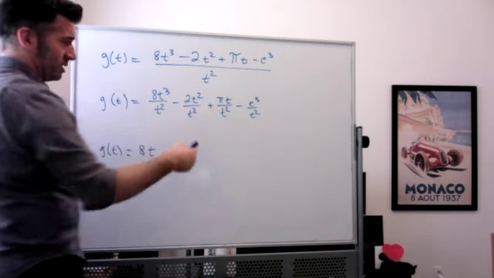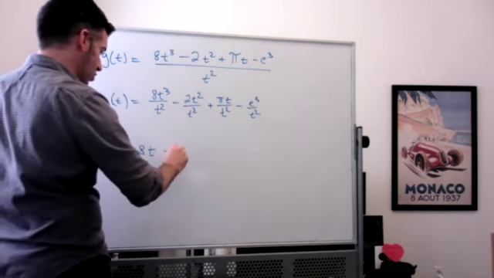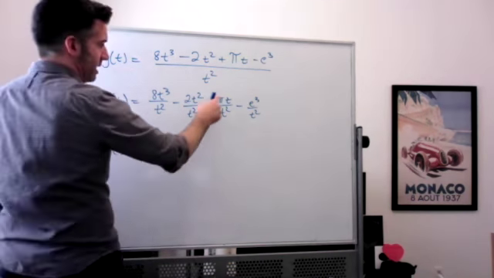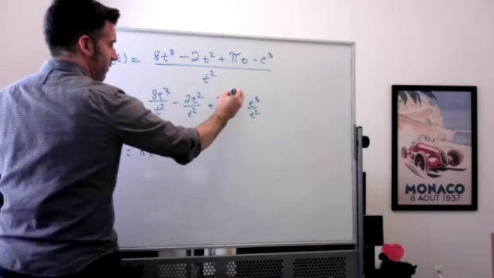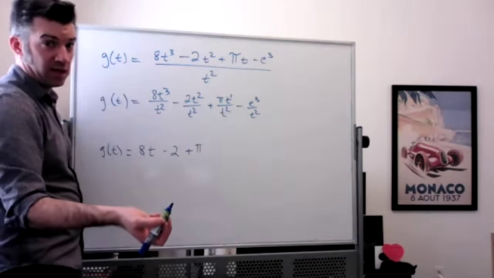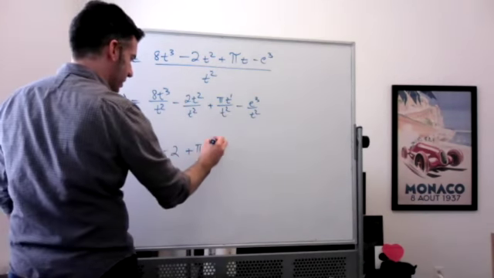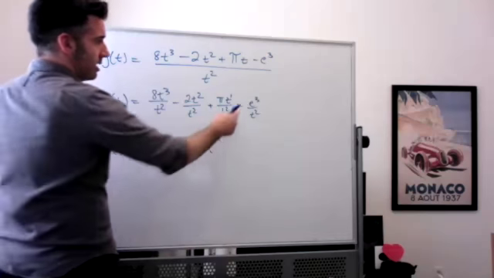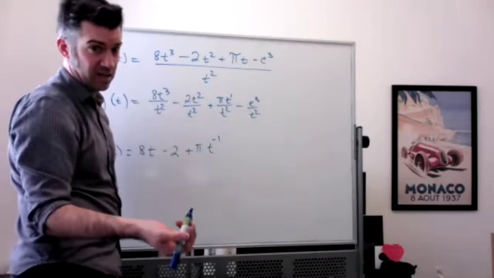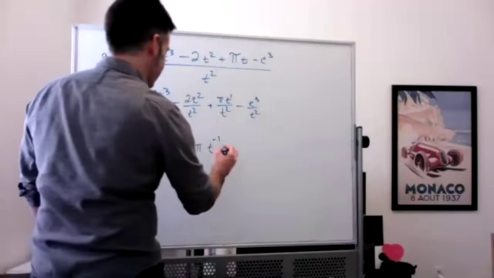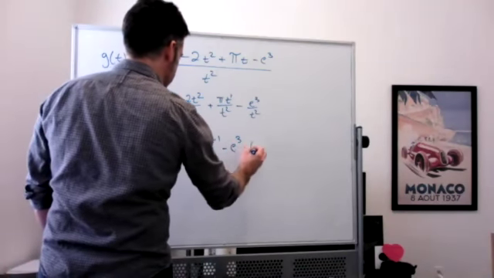T squared divided by t squared is 1, so I've got minus 2 times 1. Pi t divided by t squared is pi times t to the first divided by t to the second. We subtract the powers, and 1 minus 2 is t to the negative 1. And with e cubed and t squared, we can't subtract those powers because they're not the same base, right? E is just the number that's about 2.7. So this is going to be minus e cubed times t to the negative second.